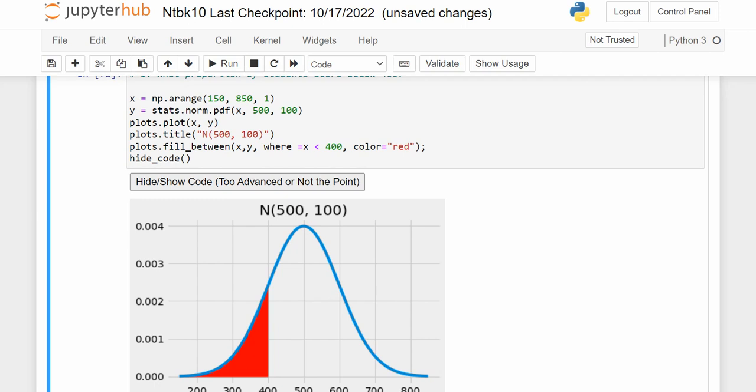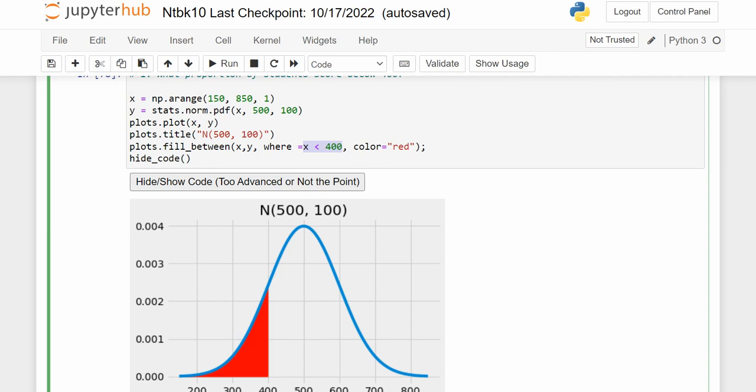And now, what are we doing? We're shading this where x is less than 400. Why? Well, it turns out that N(500, 100) is the distribution of SAT scores. There are different components: a math component, a verbal component, and I don't even want to talk about critical writing, but anyway.